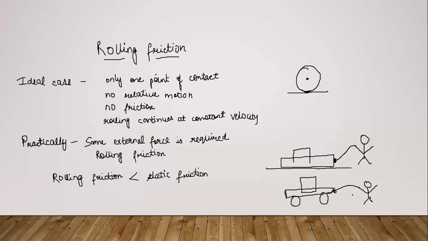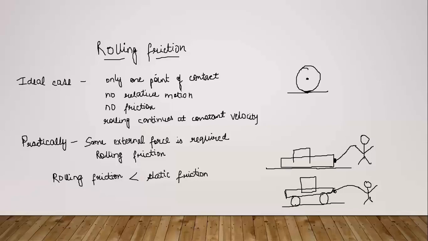So this experiment will clearly tell you that rolling friction is less than static friction, because in the first case, the static friction is acting, or kinetic friction, whatever the situation may be. But in the second case, because there are wheels, rolling friction would be there.